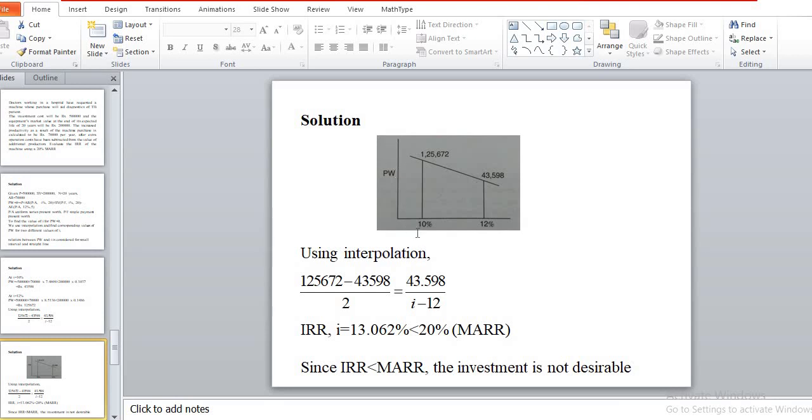So here the interest rate increases on the right hand side of the x-axis, 10%. Now to find a particular interest rate I, the minimum attractive rate of return is given as 20%.